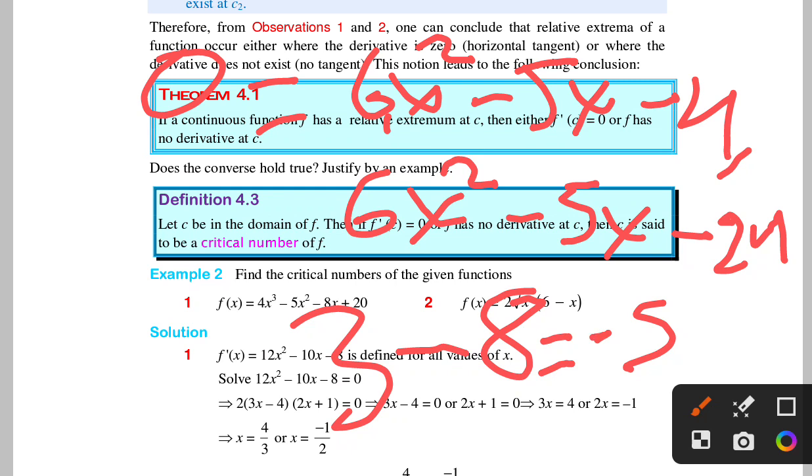When we multiply these two numbers we got minus 24. Let me plug in these numbers.